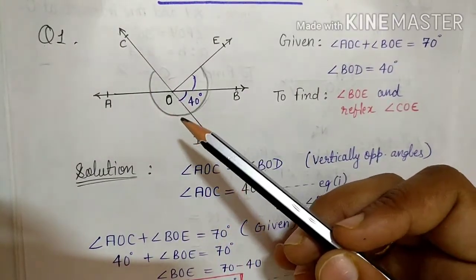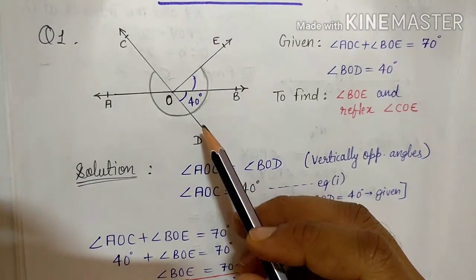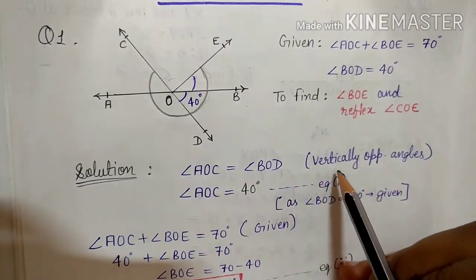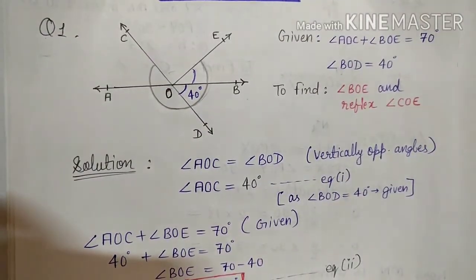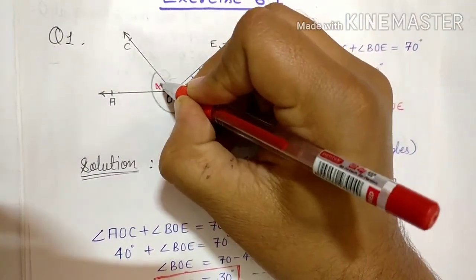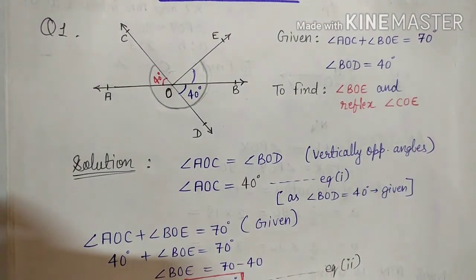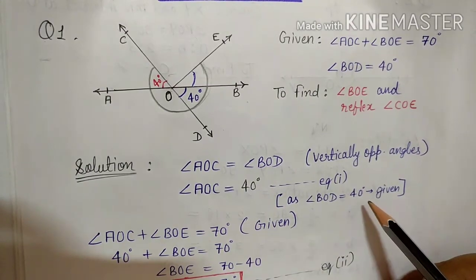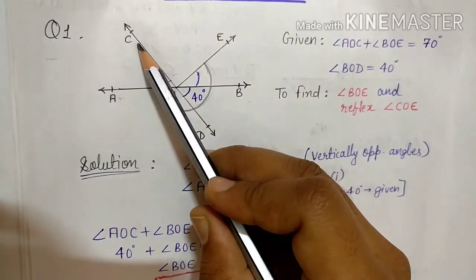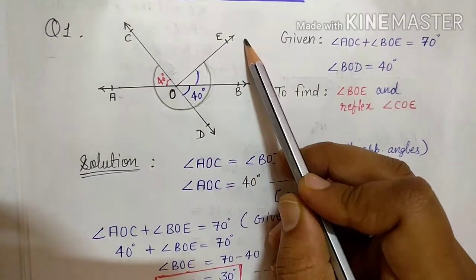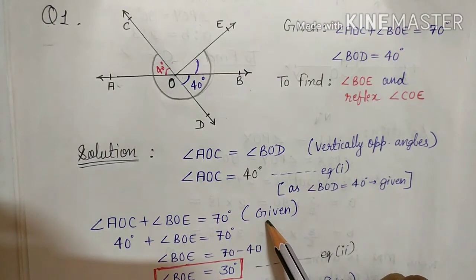So if angle BOD is 40 degrees, then angle AOC will also be 40 degrees. This is our first equation. Now angle AOC plus angle BOE is given as 70 degrees.